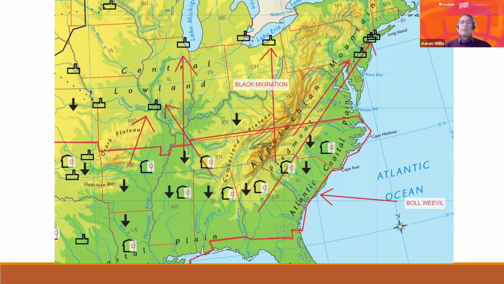But you also have, during the period of the Great Depression and the Dust Bowl, a mass migration of African Americans from the South to the North. You have a crash in the cotton economy of the South due to the boll weevil infestation. And so that affects a lot of farmers who are not able to support themselves on the land. They move north and to the Midwest where the factories are set up.